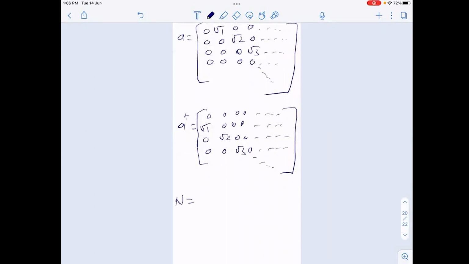The Hermitian, its values will be from 0, 1, 2, and to infinity, remember? So all the diagonal elements will be in the terms of 0, 1, 2, 3, and so on up to infinity.